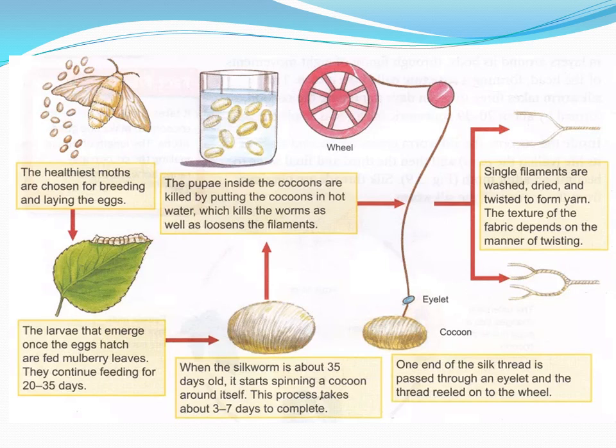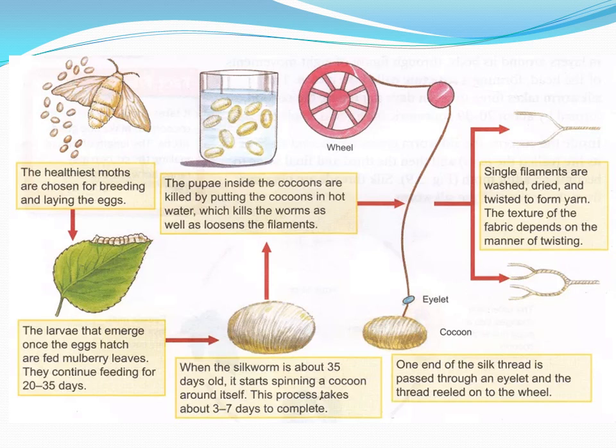Then with the help of an eyelet and a wheel, we extract the silk threads or fibers from the cocoon. As you can see here, this is a cocoon, and we take out some portion of the thread and put it in the eyelet, and the wheel will pull these fibers out from the cocoon. This process is known as reeling of silk.